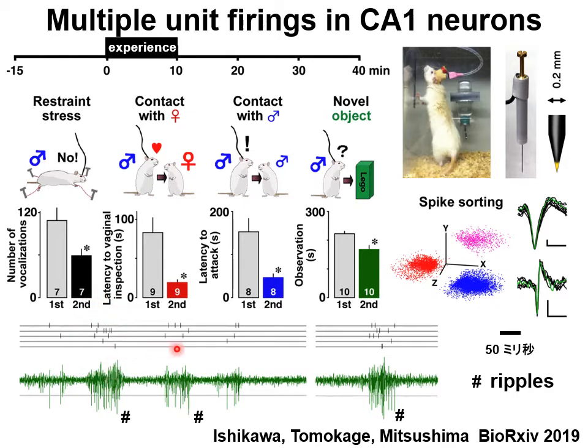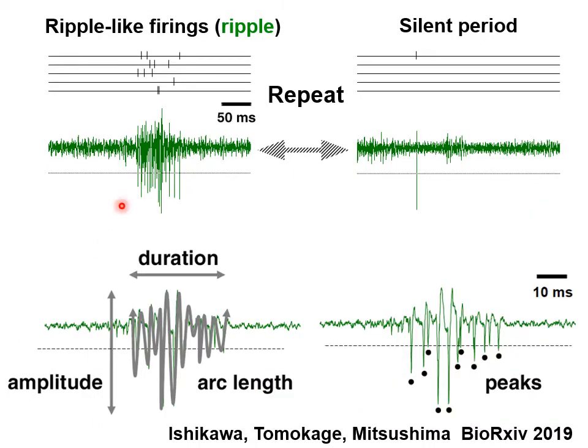Thousands of ripples were generated again and again, but they are always different. No same ripple. Spike analysis shows firings of multiple neurons form a single ripple. This is an enlarged view.